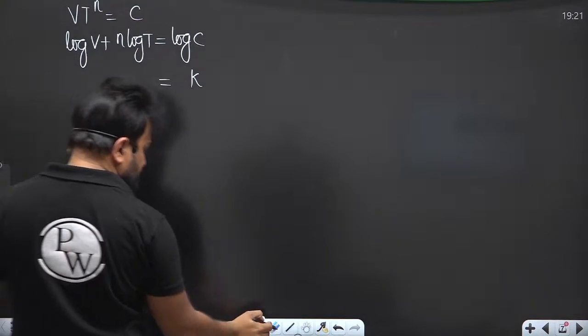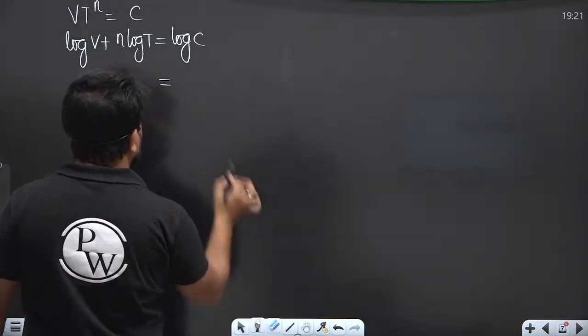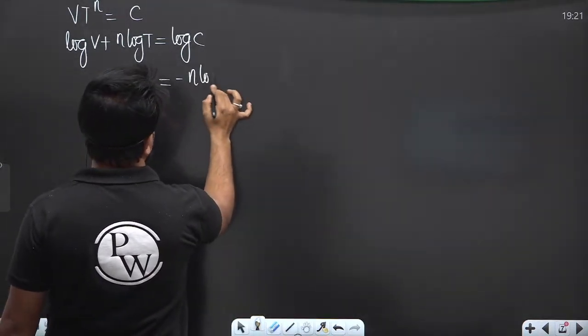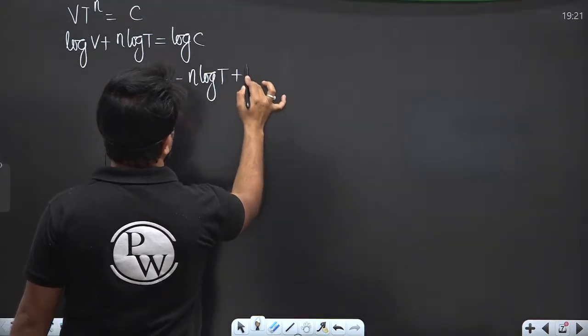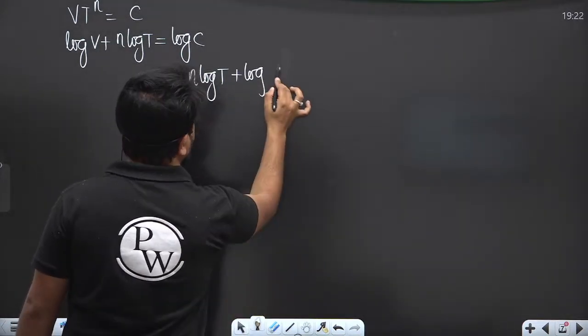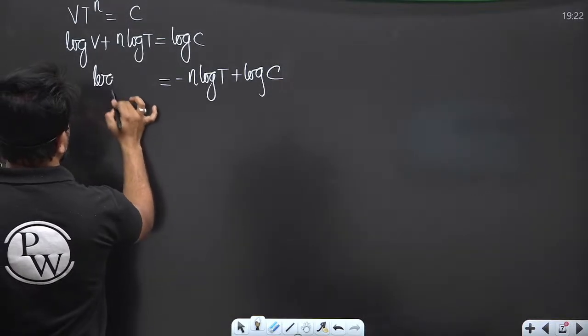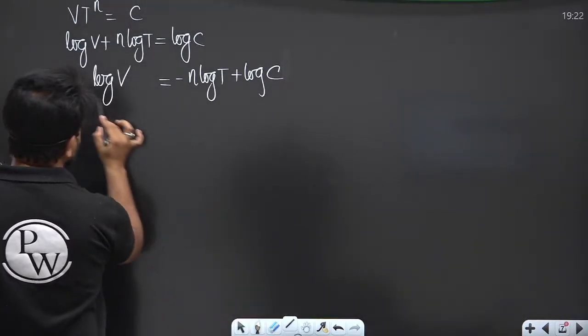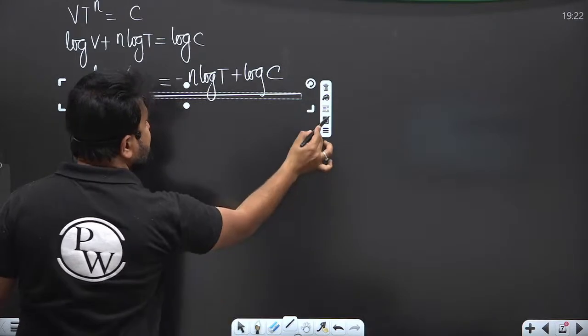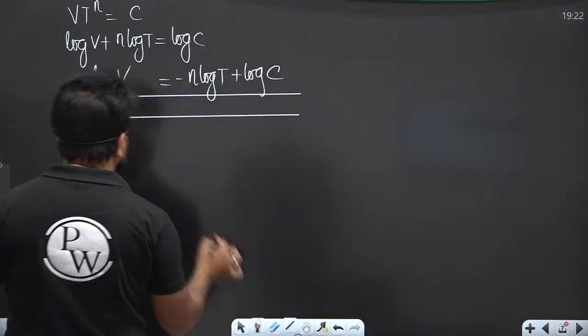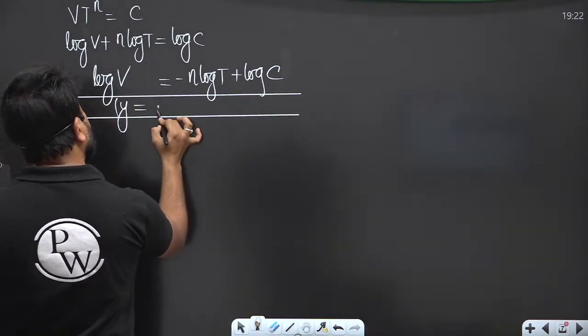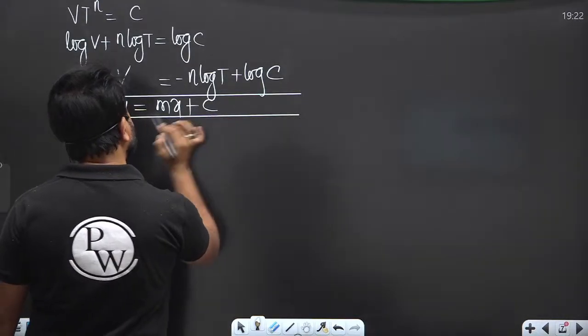So I can write that log V equals minus n log T plus log C. My dear, please see the equation, and if you compare this, you can write that y equal to mx plus c.